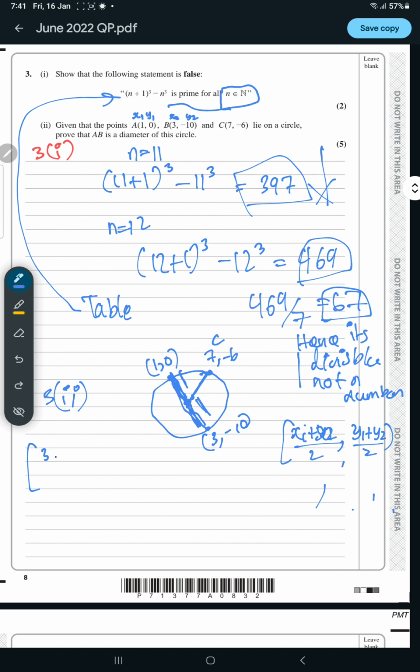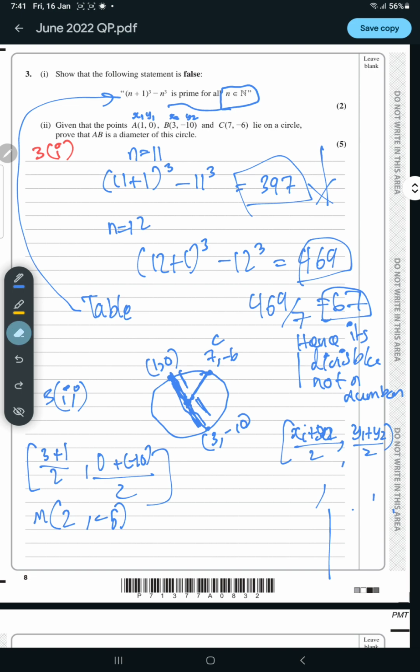So we have (3 plus 1) over 2, and (0 plus minus 10) divided by 2. So (3 plus 1) over 2 is just going to give us 2, and (0 plus minus 10) divided by 2 is going to give us minus 5. Okay, so this is the midpoint of the circle.